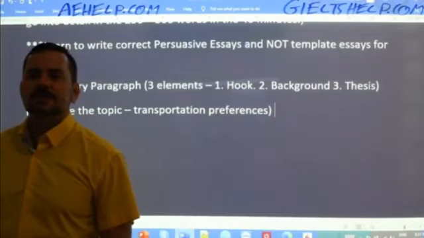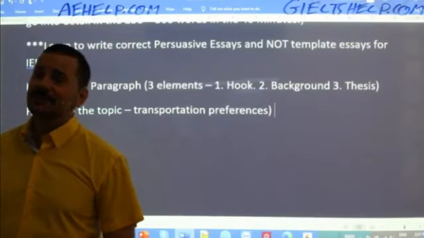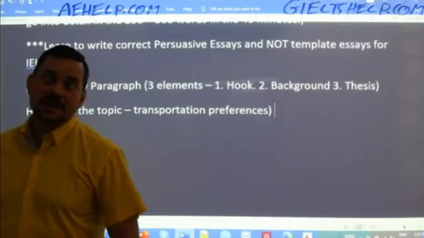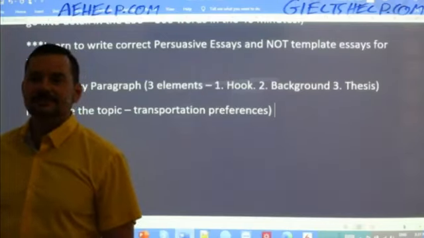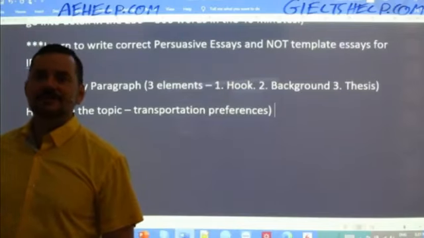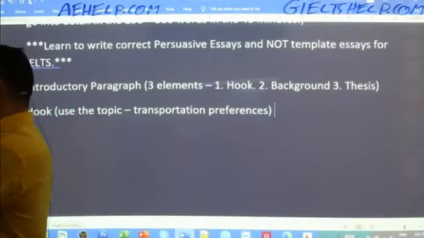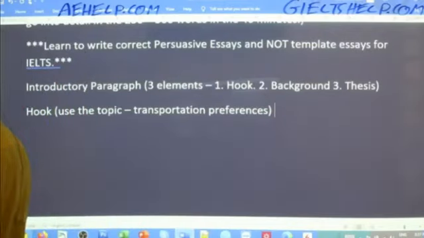Shirojidin says recent days people have been addicted to transportation. I don't know about that, Shirojidin. It's an interesting concept. It's an okay hook, I think. Bekjan says everyone has their own favorite type of transport. I love it. Simple, elegant, beautiful, to the point, and it's a band 9 start.